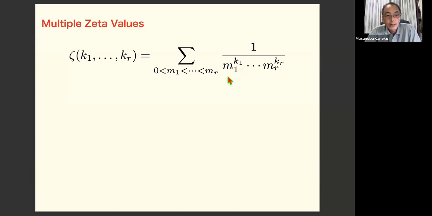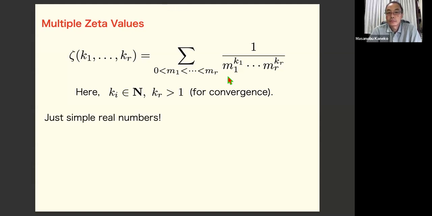This number r is sometimes called the depth of this multiple zeta value. And the outermost exponent, kr, should be bigger than 1 for convergence, so we assume that.